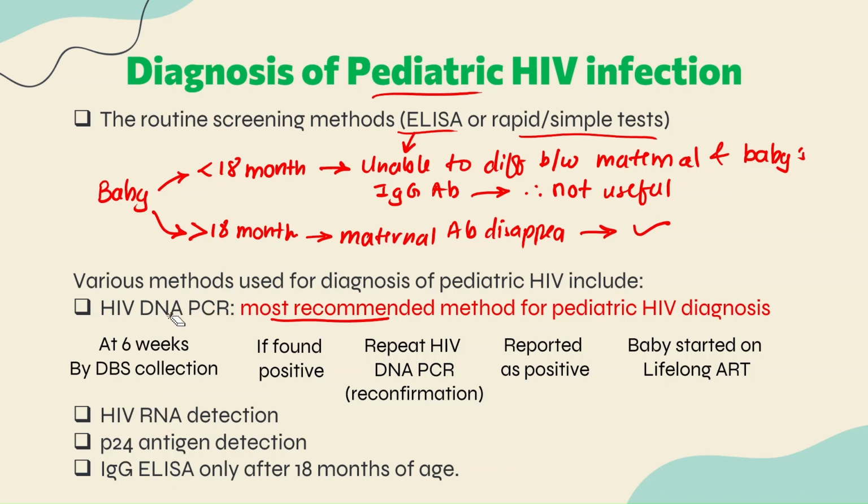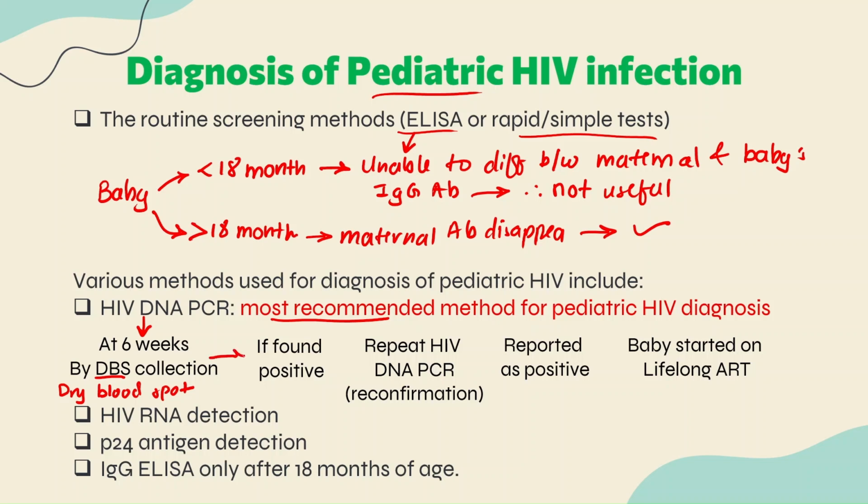Okay, so the baby is tested for HIV DNA at 6 weeks of age by collecting the DBS. What is DBS? DBS stands for dry blood spot. You have to collect a dry blood spot and perform the HIV DNA PCR on it.